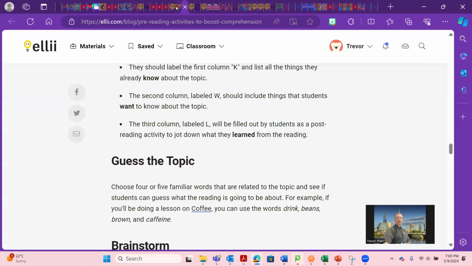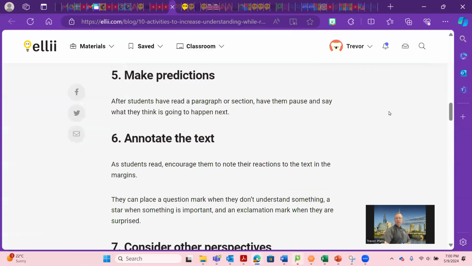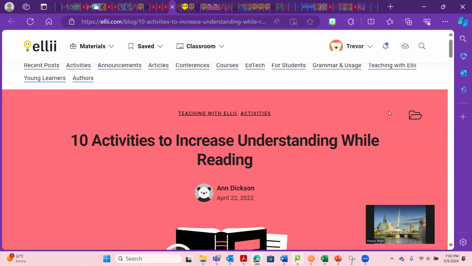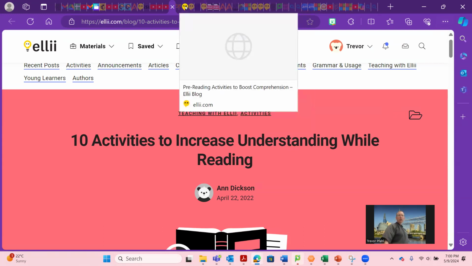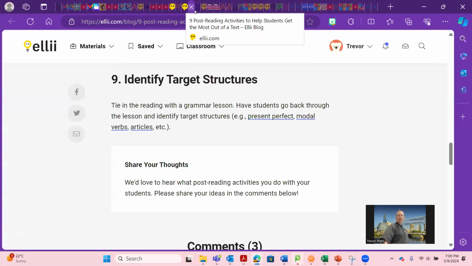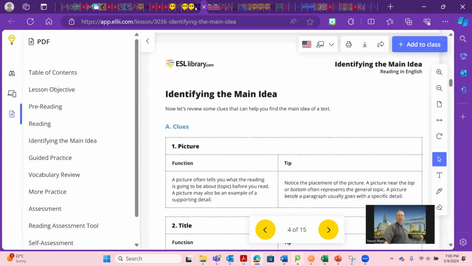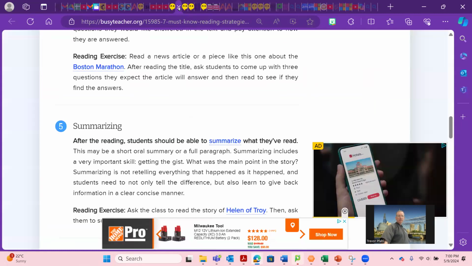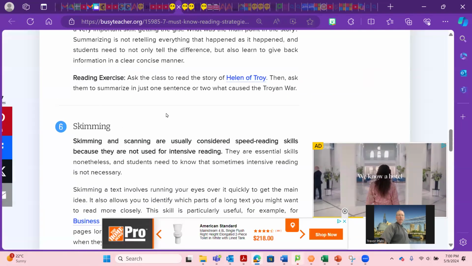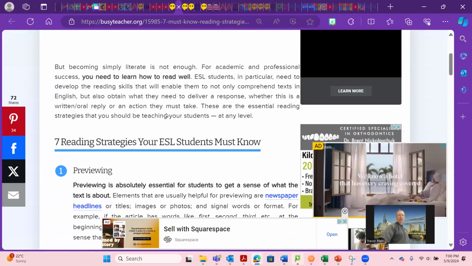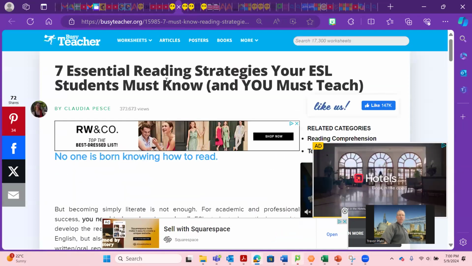For example, one of you is going to look at the article "10 Activities to Increase Understanding." One of you is going to look at the article, this one, "7 Reading Strategies You Must Know."